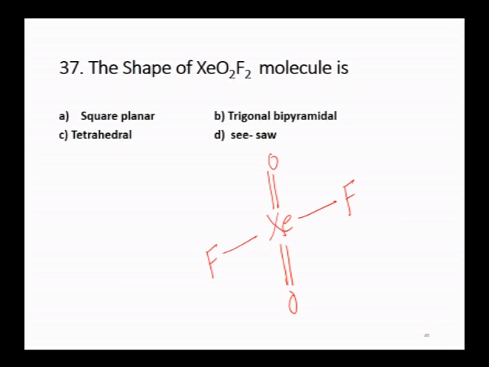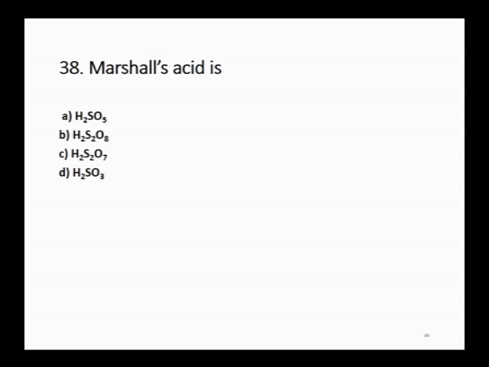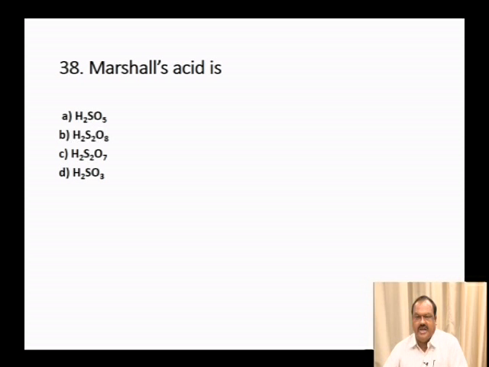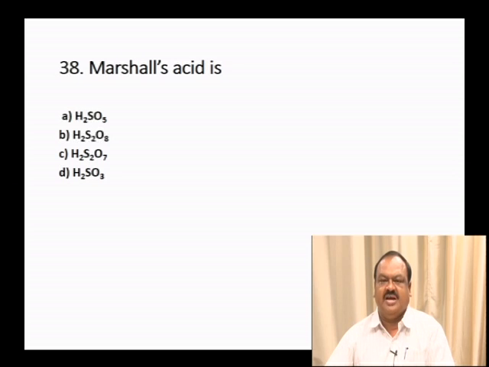It looks like a seesaw structure or pyramidal structure. So, the suitable answer is D, seesaw structure. Next question. Marshall's acid is H2SO5. The formula of Marshall's acid is H2S2O8, H2S2O7, H2SO3.